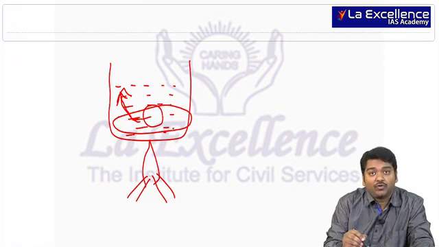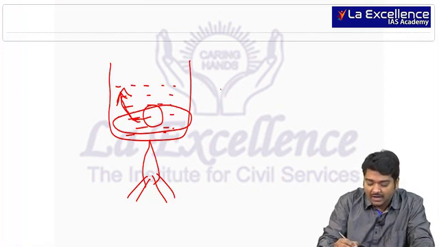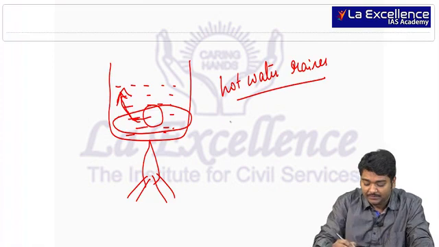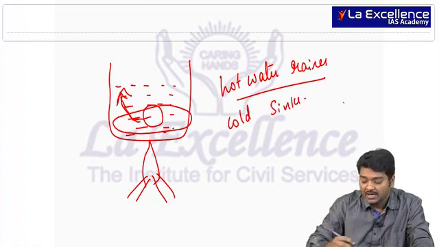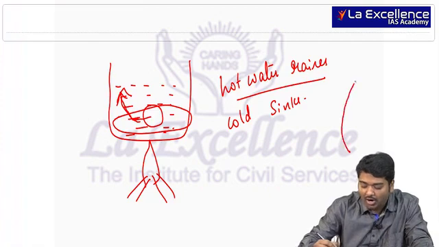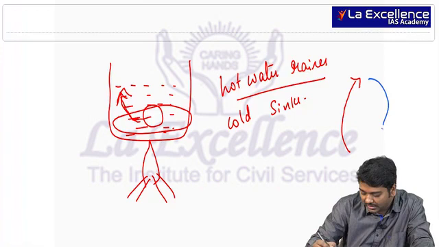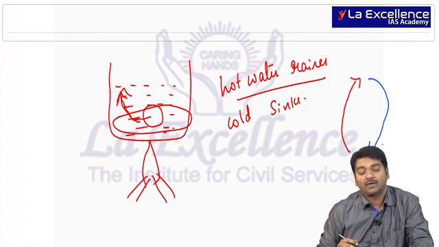Again it will be floating. The meaning of this is hot water rises or hot air rises. I have given you this example. And cold sinks. Correct? So usually we see hot or warm rising and cold is coming down.